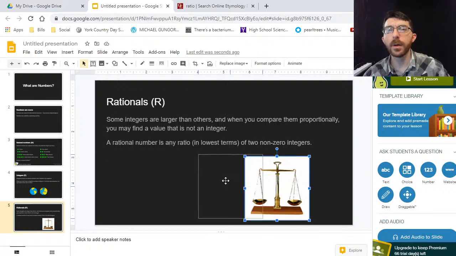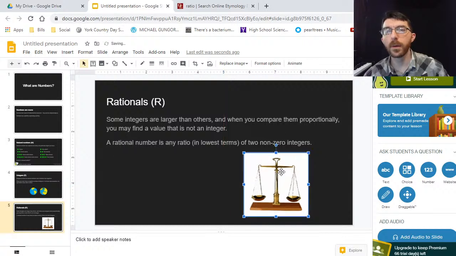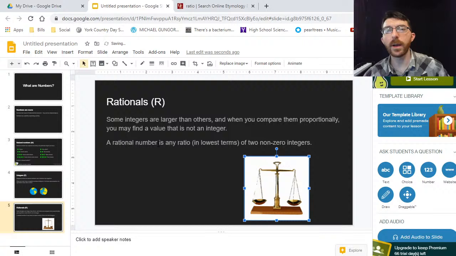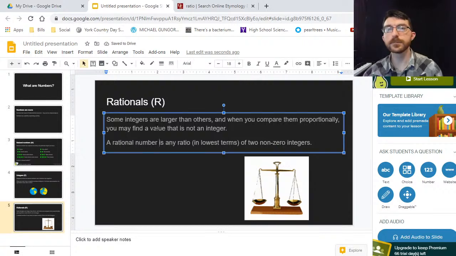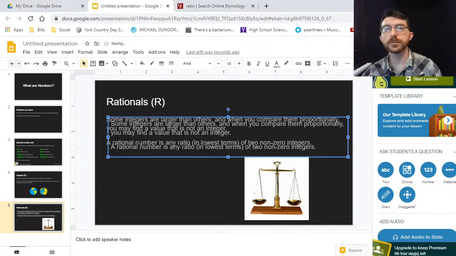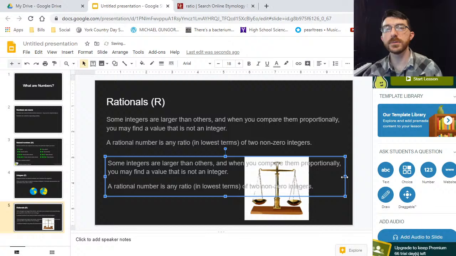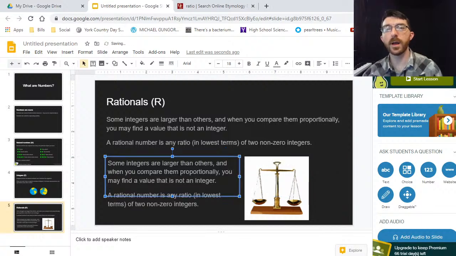Let me see how I can fit that in. I'm just copying the text box so I don't have to reformat it.